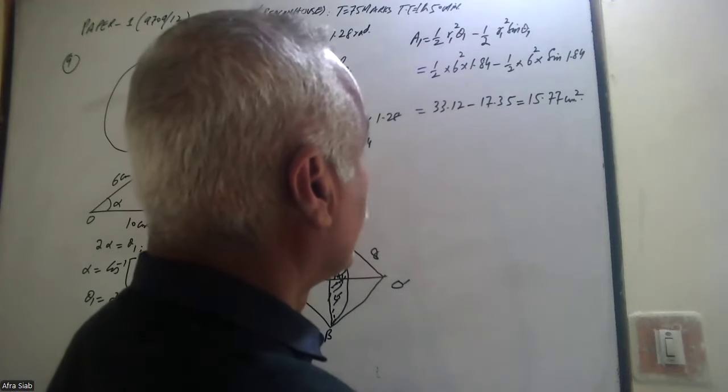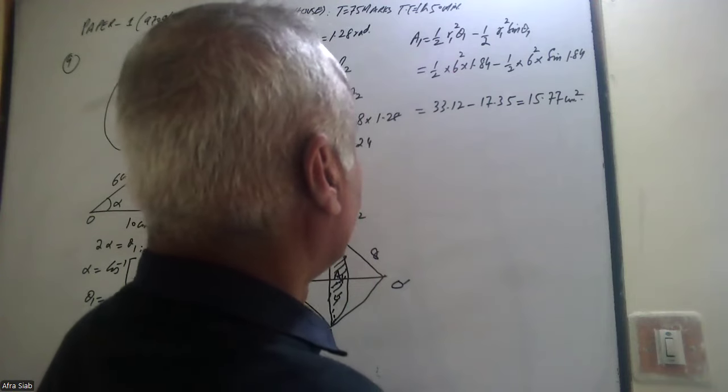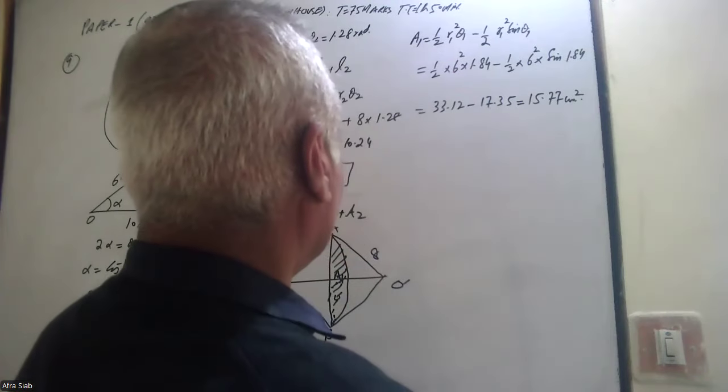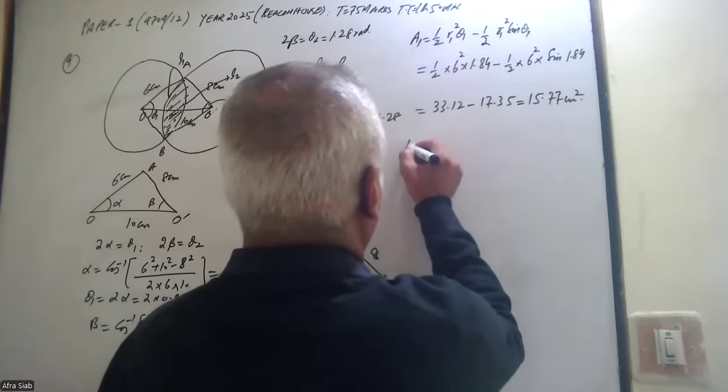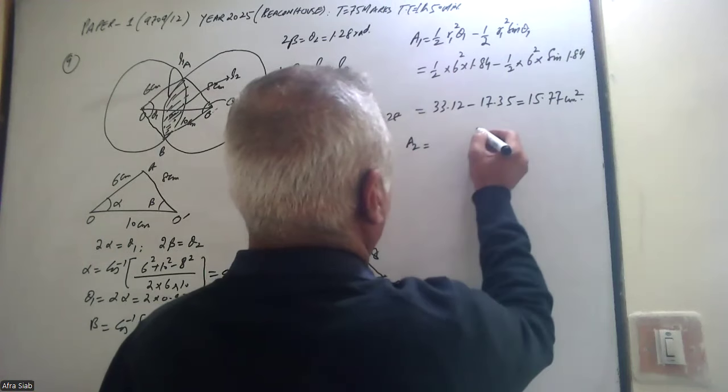So that value is equal to 15.77 centimeter square. Now for area of A2.